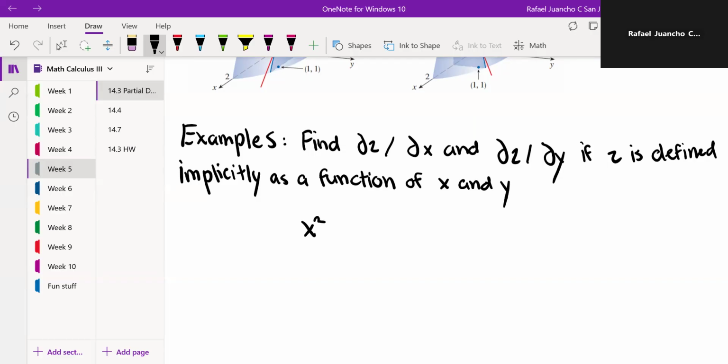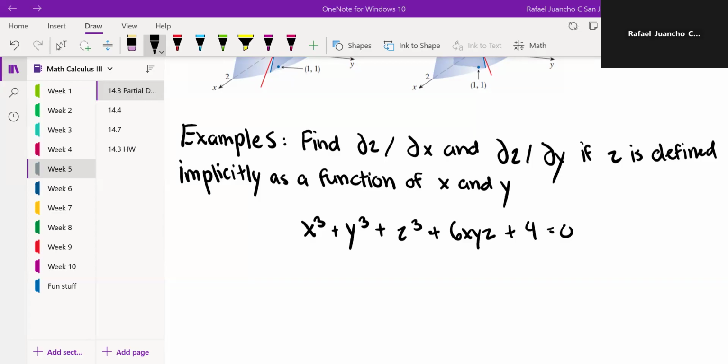We have x cubed plus y cubed plus z cubed, is, oh, my bad, plus 6xyz plus 4 equals 0, right?